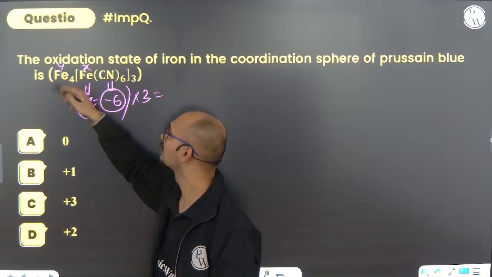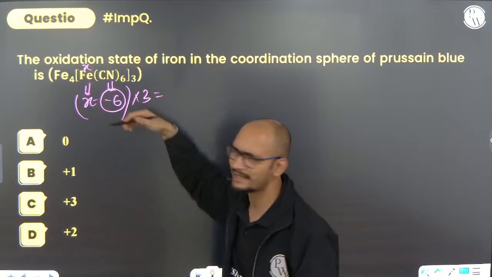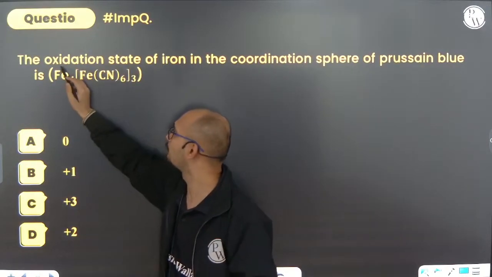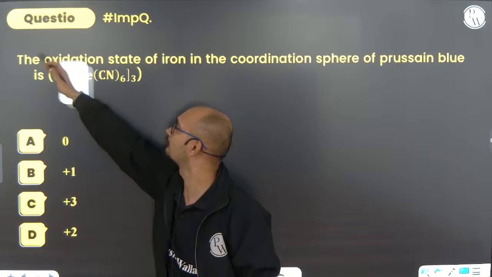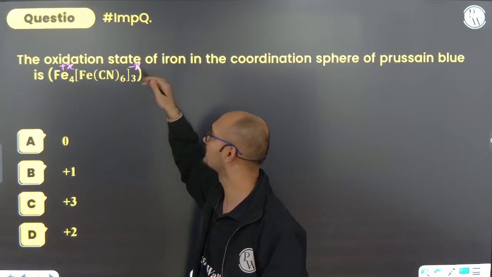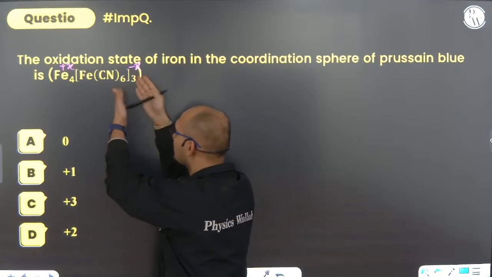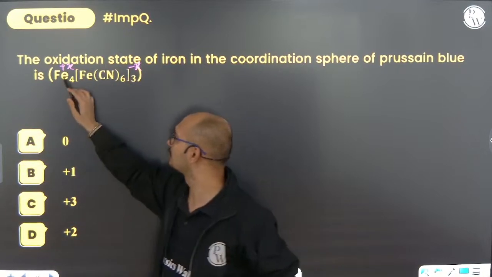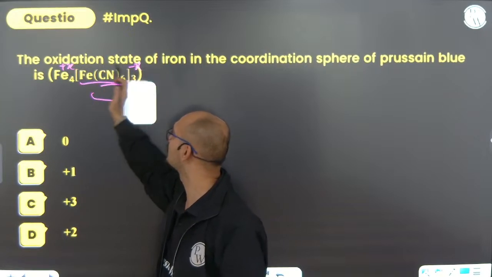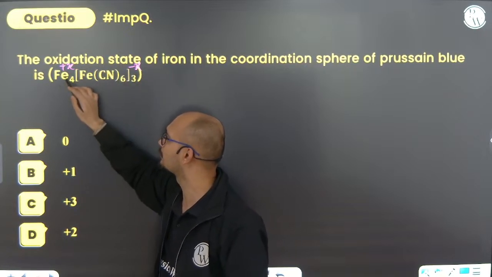Consider it is Fe4. Whatever is positive, the same should be negative; consider +x, it should be -x. So whatever is the negative here, the same should be positive here. So how much multiplied by 3 will be equal to how much multiplied by 4?